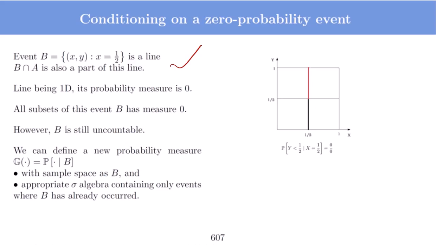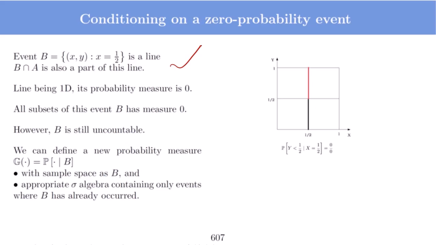And that can be done if you move from area to the line, because B is now a line, and to say that the line has probability measure 1, we have to talk about length. Because of uniformity I am keeping length. If there is no uniformity, then you would go to another measure, but it would still be a one-dimensional measure. So we have to move from a two-dimensional measure to a one-dimensional measure.